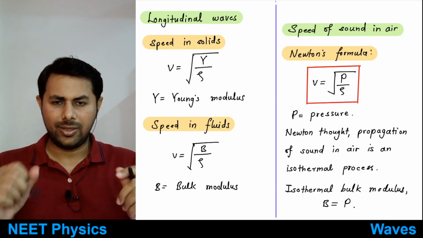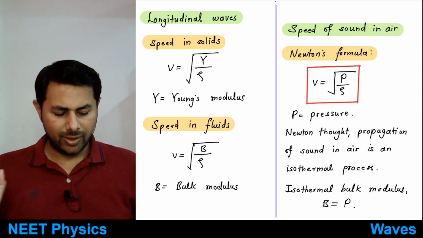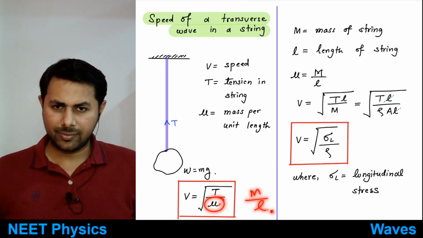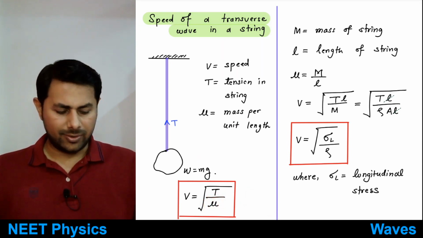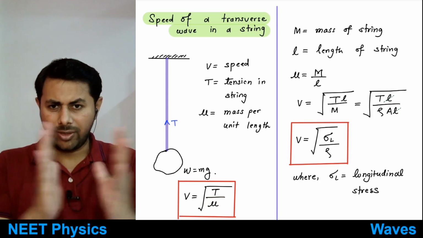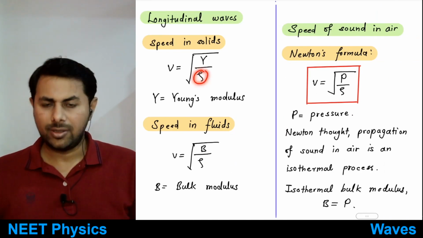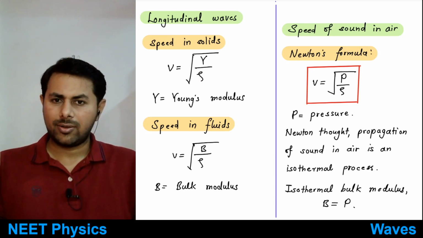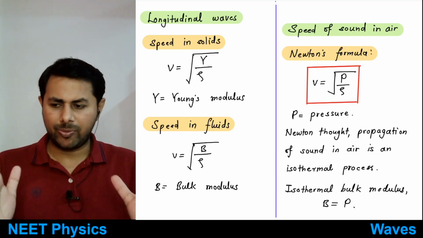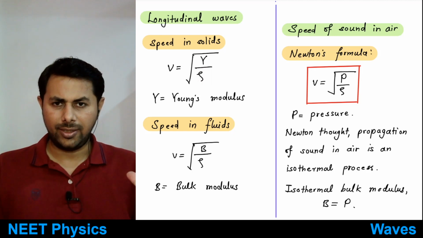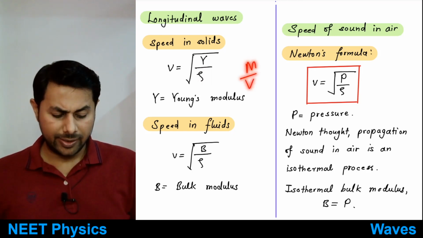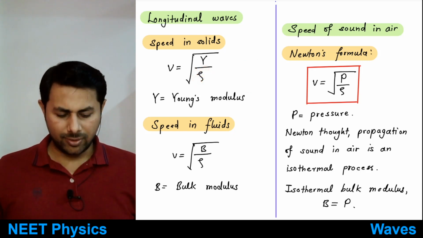Here, earlier we took mass per unit length, because those waves travel along some length. Here we need to consider the volume. We need to consider mass per unit volume, because the compressions and rarefactions of longitudinal waves are produced in some volume, right? So we need to consider the inertial factor as mass per unit volume, meaning density.